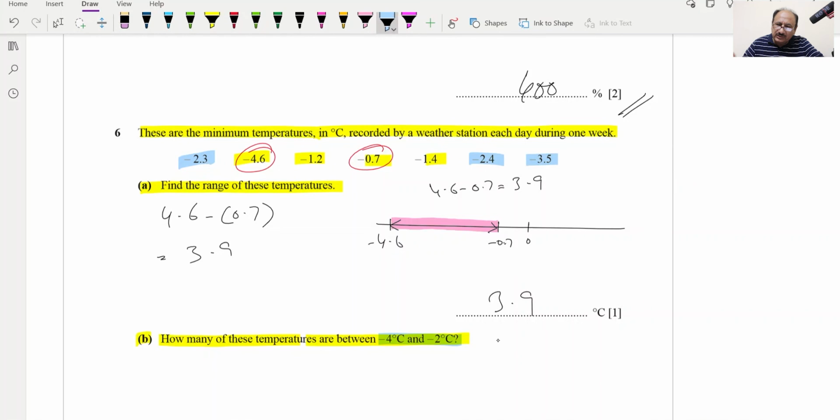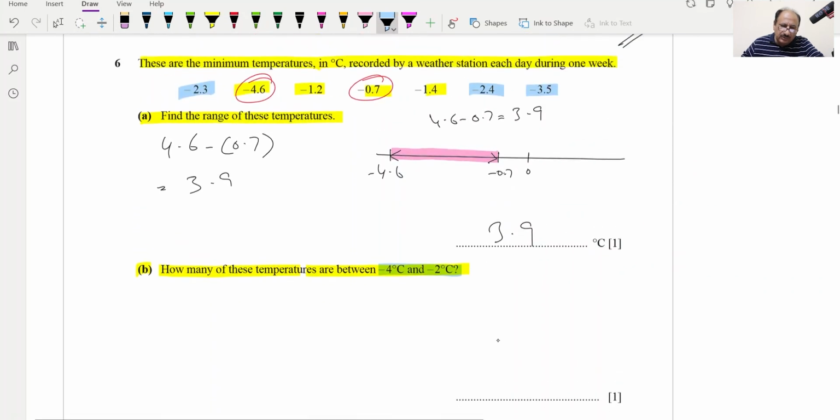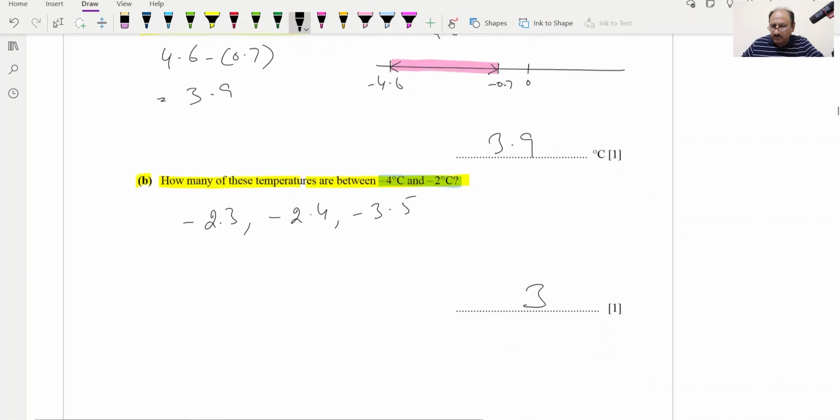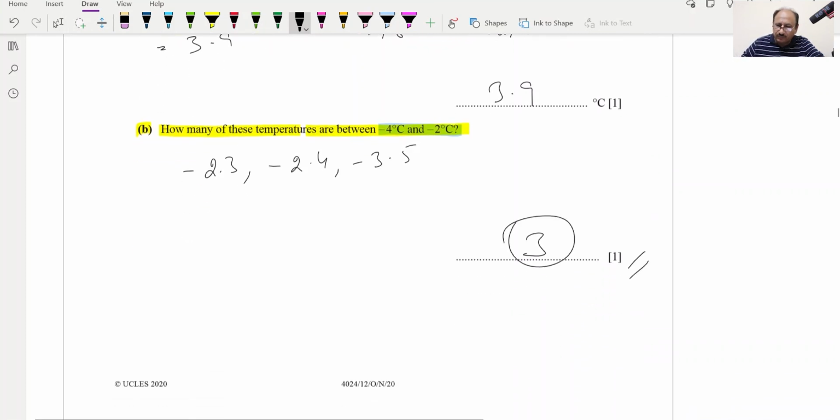So these three numbers are in between this range, so we can provide the numbers minus 2.3. Basically they are asking for only the count of numbers, but I'm writing for your explanation. So minus 3.5, and 3 is the answer for 1 mark part.